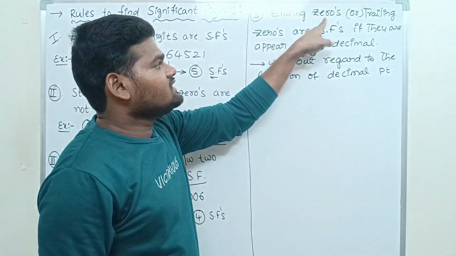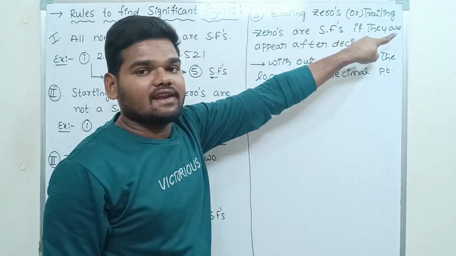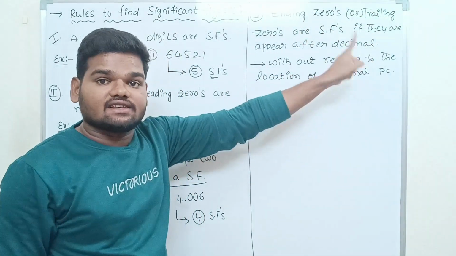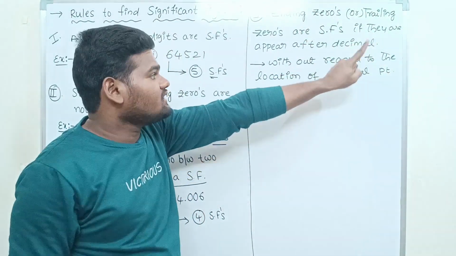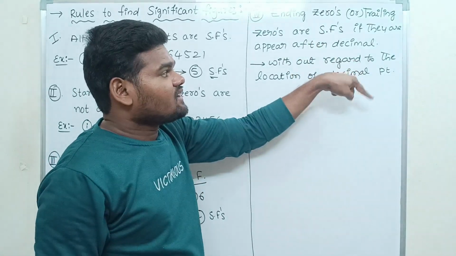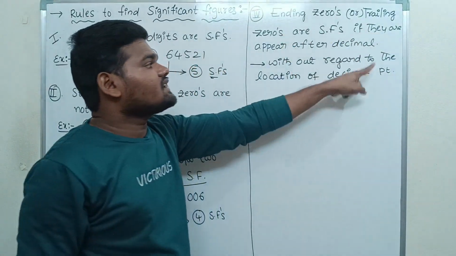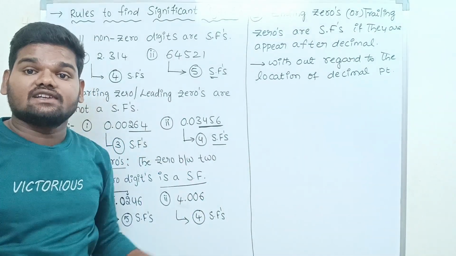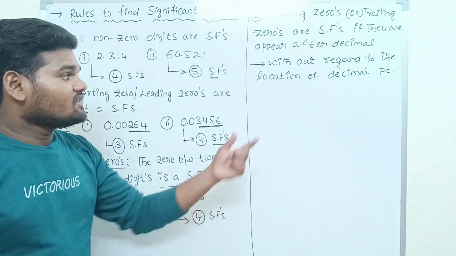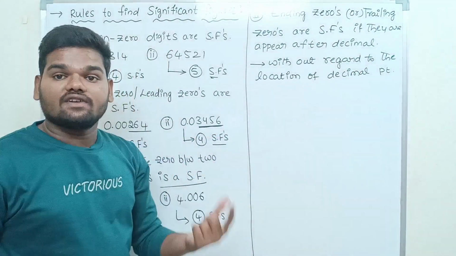What is the meaning of ending zeros? The ending zeros are nothing but trailing zeros, and they are significant figures if they appear after the decimal, without regard to the location of the decimal point.